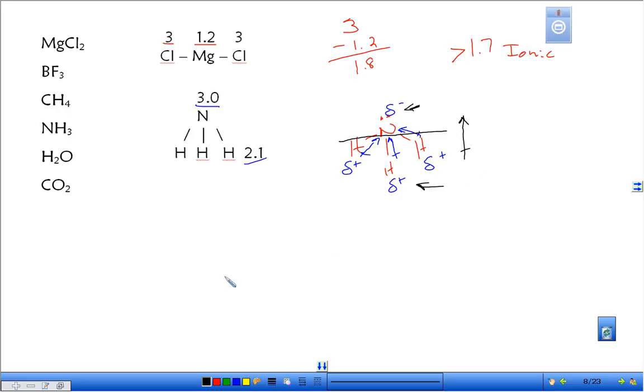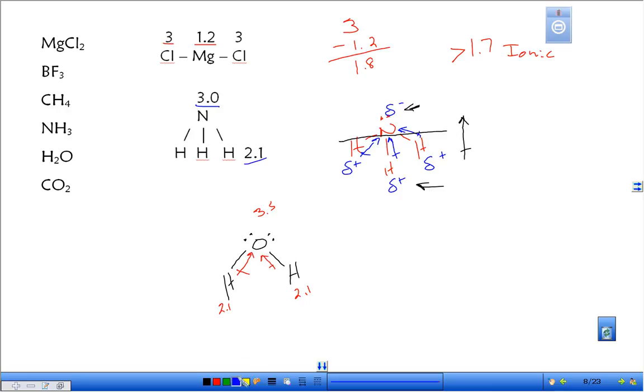If we look at water, water looks like this again. You guys will get used to water being bent. Again, this is 3.5 and this is 2.1, so we have those electrons moving up towards oxygen.